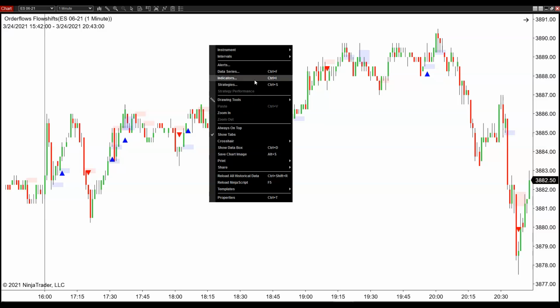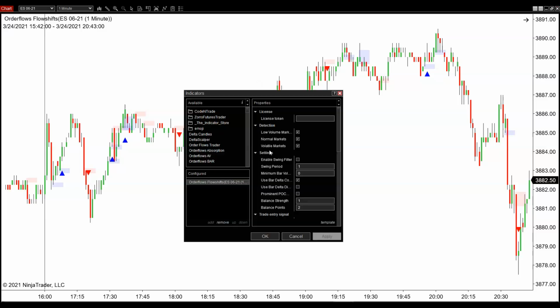And again, this one is set kind of loose because I've got volatile markets on, I've got swing filter off, and I've got the balance strength set at almost the lowest, balance points set at the lowest. But if I even set that balance points to 1, it's going to give you something else. I'll show you what.